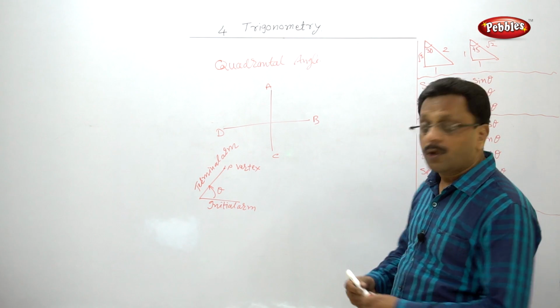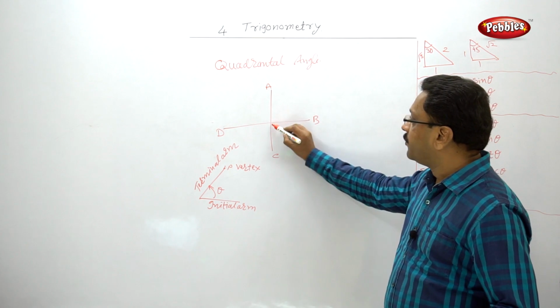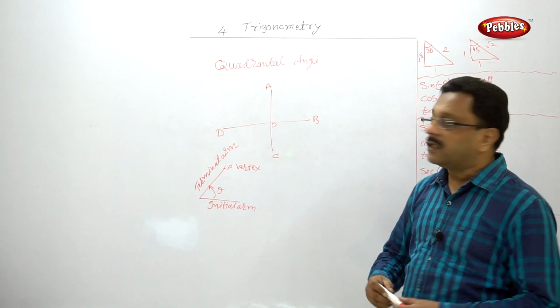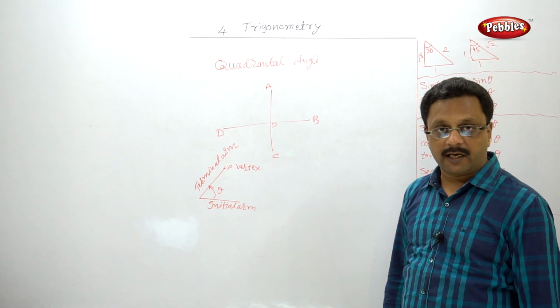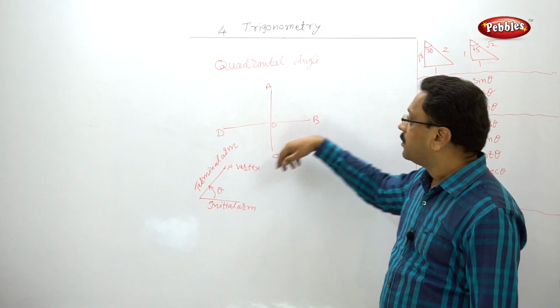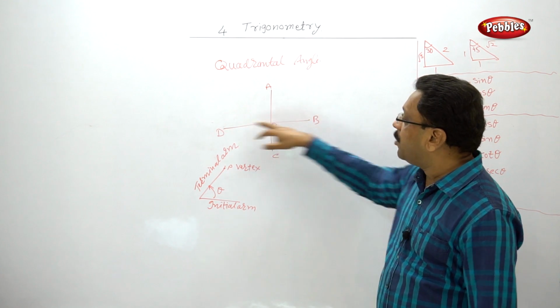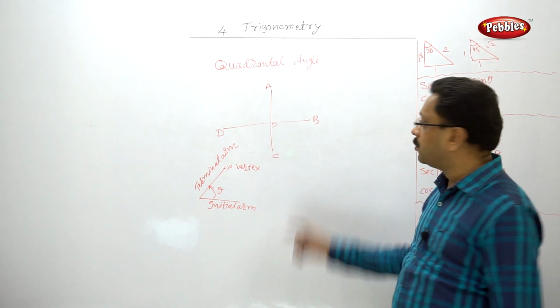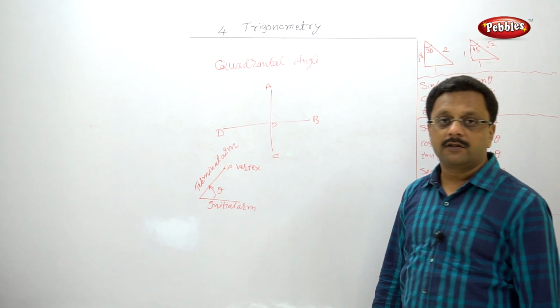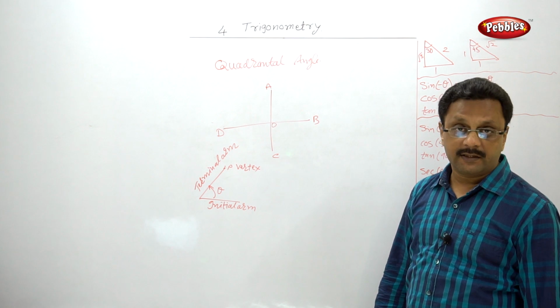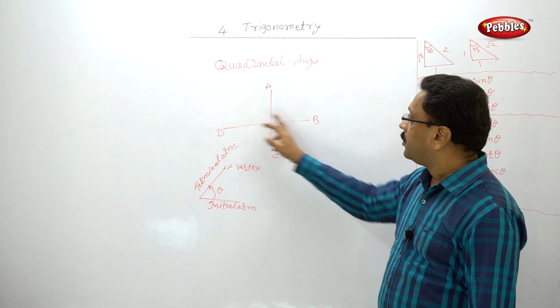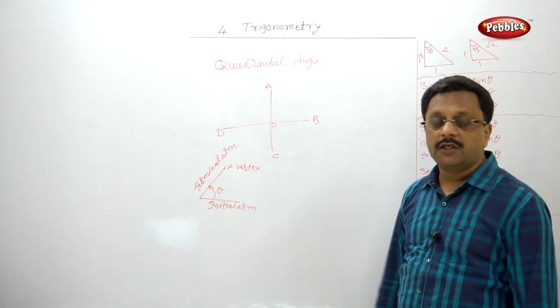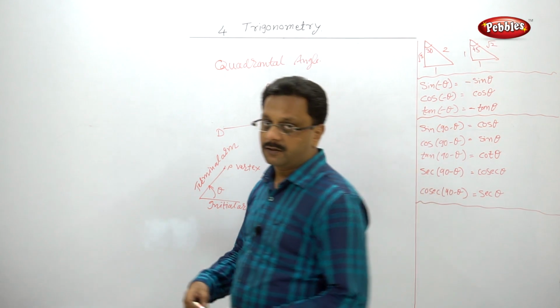Okay, so if this is O, then angle AOB is a quadrantal angle, AOD, then BOD, that is also an angle, though you see this is a straight line, this is an angle of 180 degrees. Then DOC and BOC, these are all quadrantal angles.